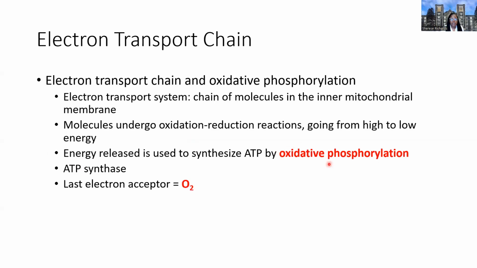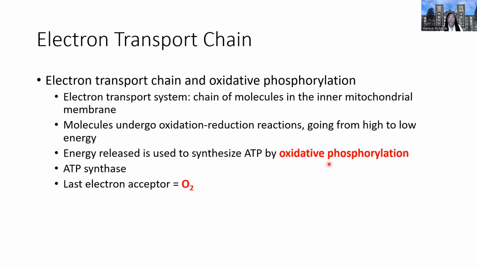So let's begin to describe the electron transport chain. This is really a chain of molecules on the inner mitochondrial membrane. So if we think about our mitochondria, there's an outer membrane and there's an inner membrane. And across that inner membrane is the site of the electron transport chain. Now, the molecules are going to undergo oxidation and reduction reactions.